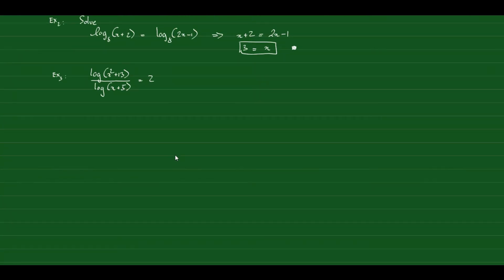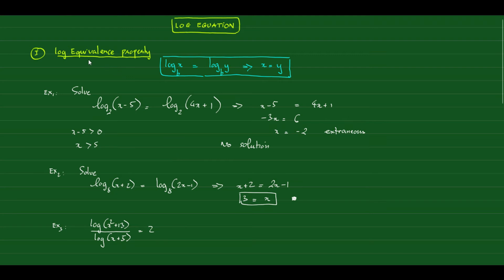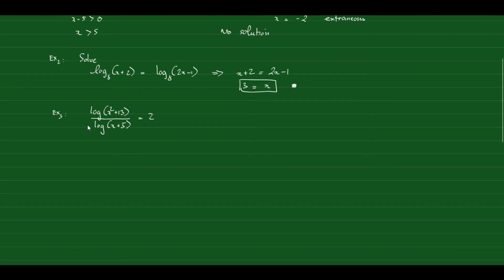In order to use the log equivalence property, you have to have a log on both sides, and we set up the arguments. Over here we have the log on the same side, so we need to bring this log over here. From here we can multiply both sides by this log.